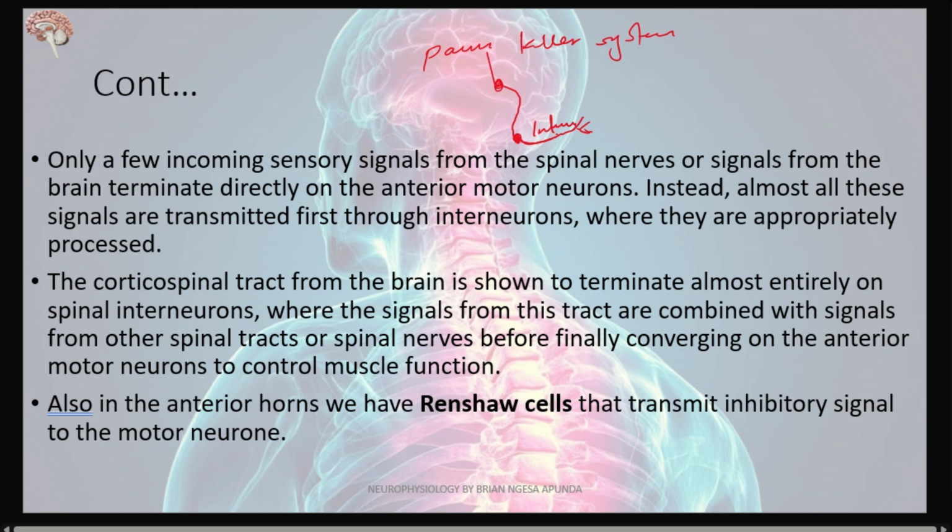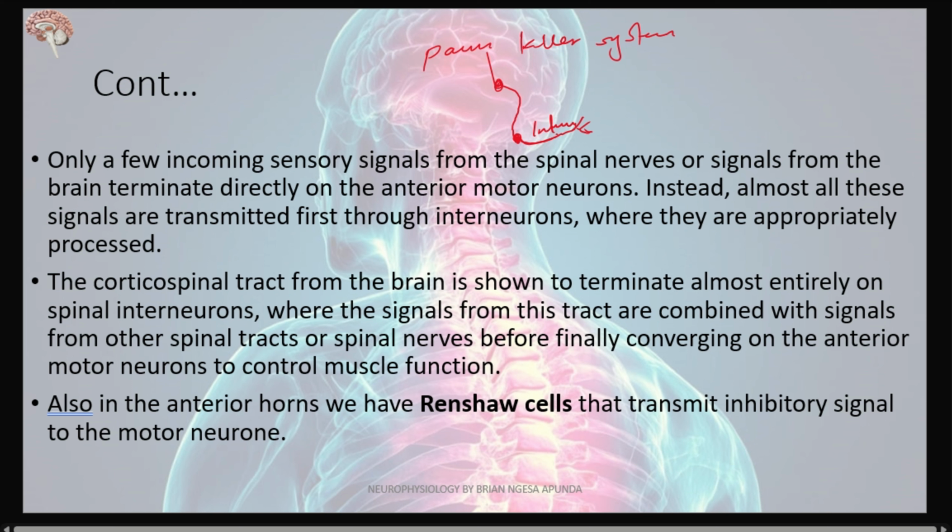But what we are specifically referring to are the interneurons that are very important in modulating some motor movement. So only a few incoming sensory signals, as we are able to suggest, are likely to have a direct termination with the anterior motor neurons. So remember the type 1A interacting with the alpha motor neuron, ignoring the interneurons.